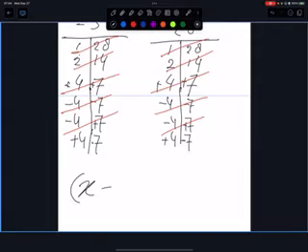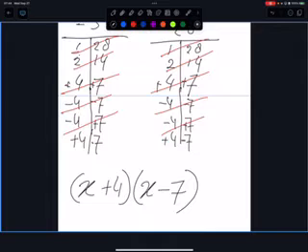So it's x plus 4, x minus 7. That's the answer. Yes, we are entering the area that if you do not practice, you will not understand. You will just not understand.